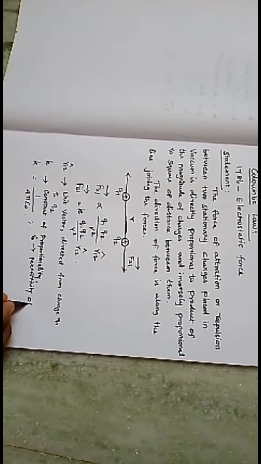Here epsilon naught is the permittivity of vacuum or free space.